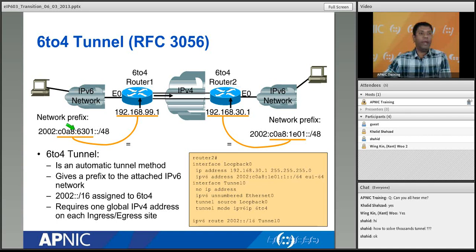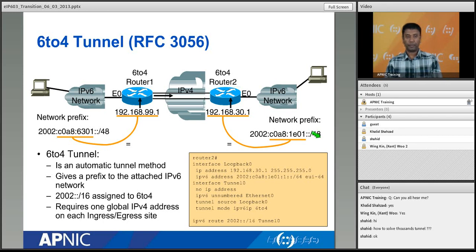Every site around the world that wants to communicate will build its LAN IPv6 address in that way. Say in this site, they have their loopback. They converted it into binary and converted it back to hex. So this is their IPv6 LAN address. Both LAN addresses have an IPv4 address inbuilt inside.